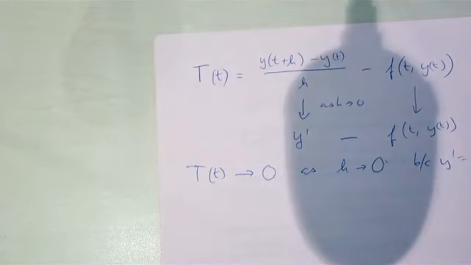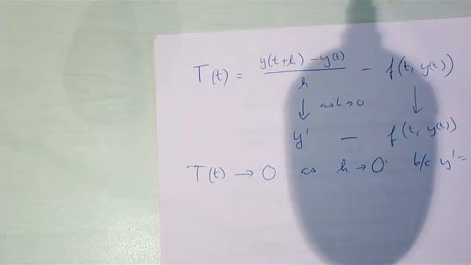Now that I have defined this, go back to the errors. The error is my exact solution minus my numerical solution at the time tn.